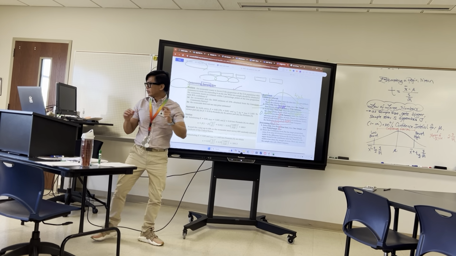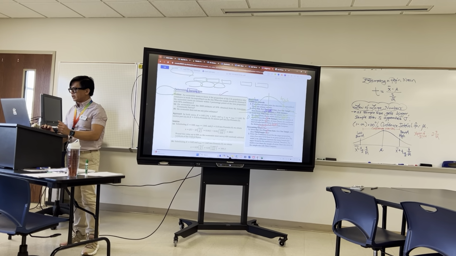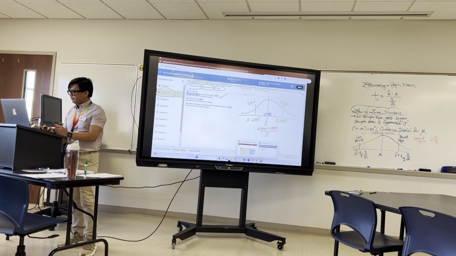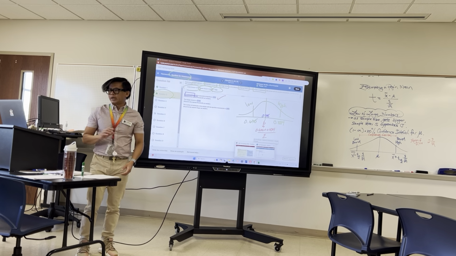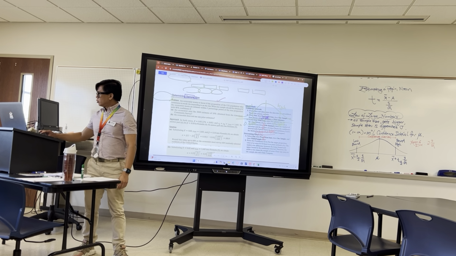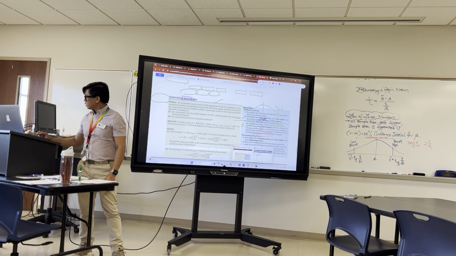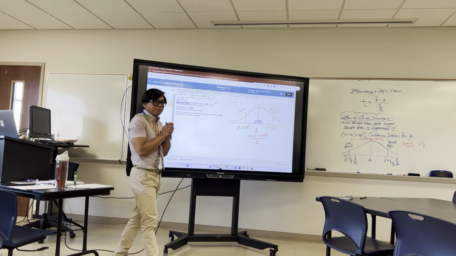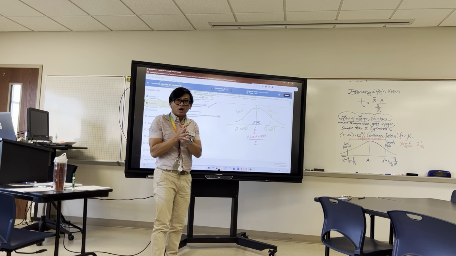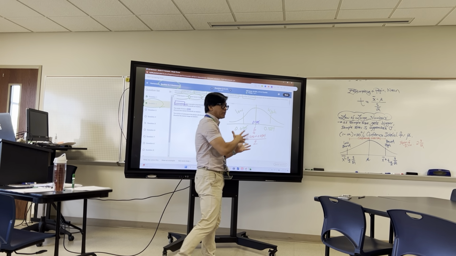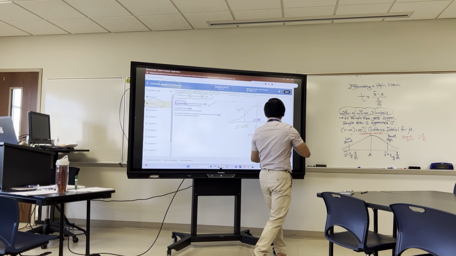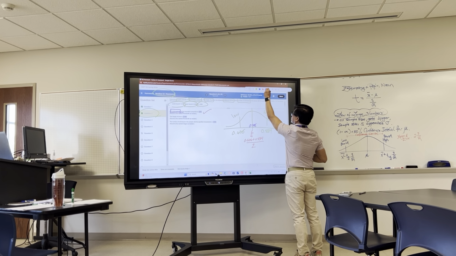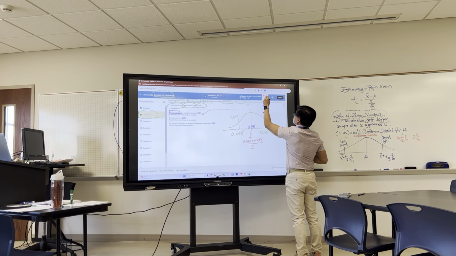Oh wait, later. We're going to do that one for the confidence interval, okay? But for the margin of error, let's go back in there and see first how to get the margin of error. Here it is, okay. So the margin of error is like what? How far is the point estimate from either the high or the low bound, okay? So when you say the margin of error is this, okay. Here it is.